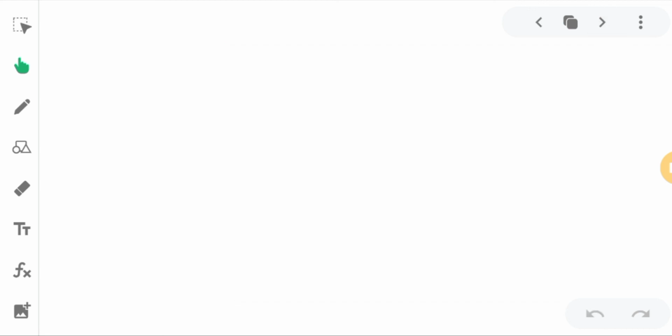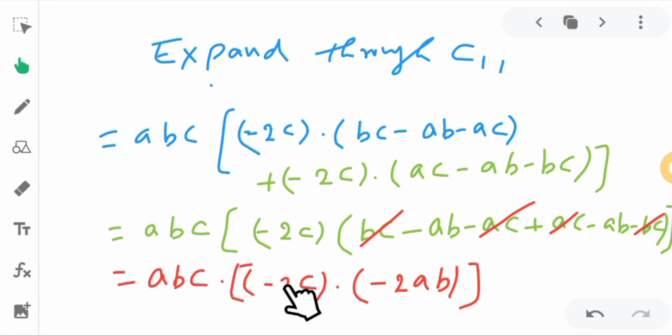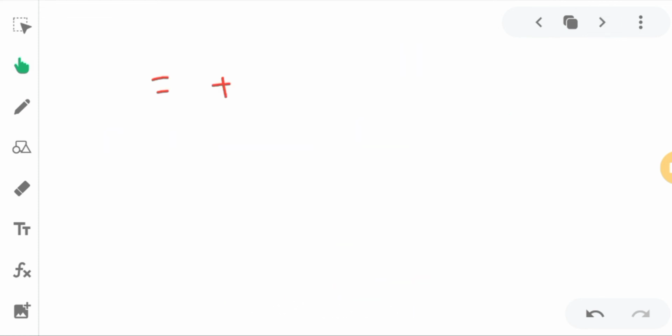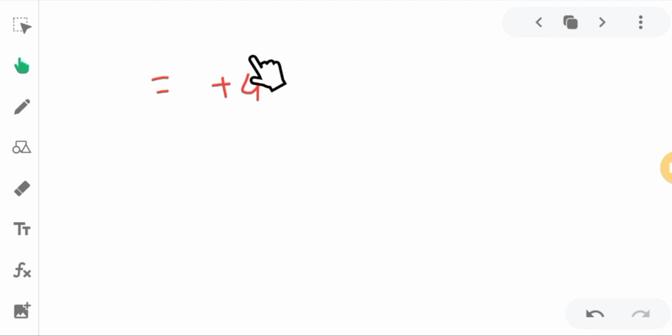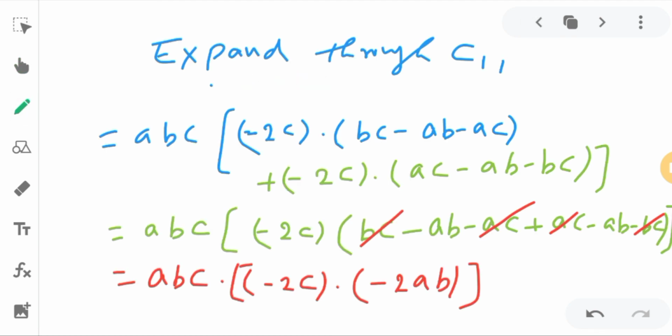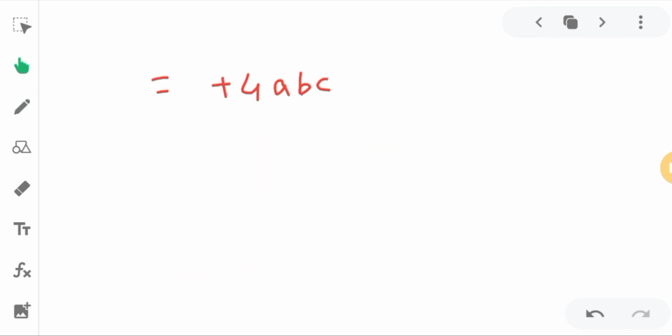Now if you multiply, minus minus will become plus, and 2 into 2 will be 4. Then it will be C, A, B, so ABC, and before that ABC was there. So ABC into 4 into ABC.